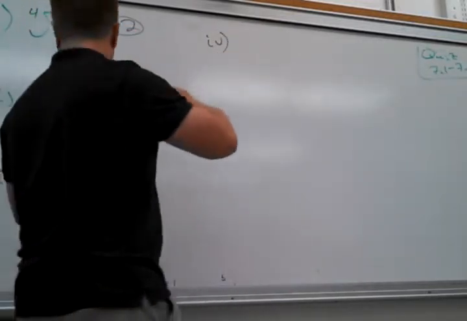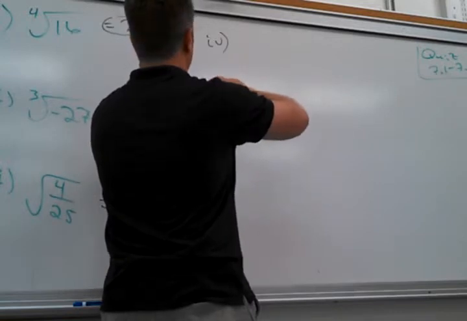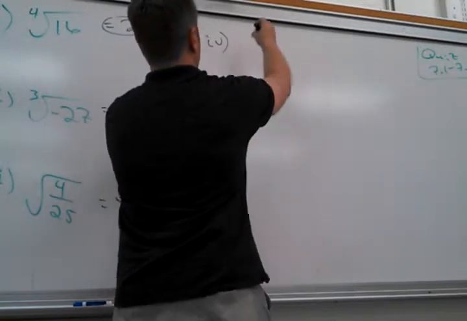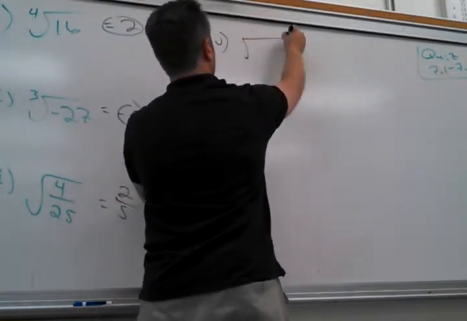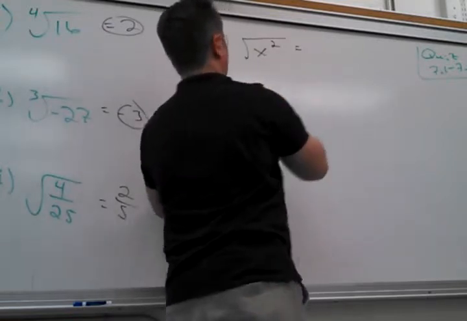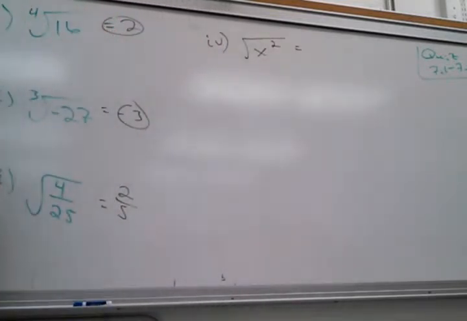Okay. Here's a frequent one for you: the square root of x squared equals x. You would think that'd be true. But why might it not be true? The square root has got to come out positive.